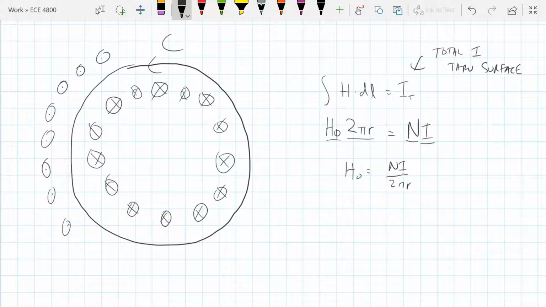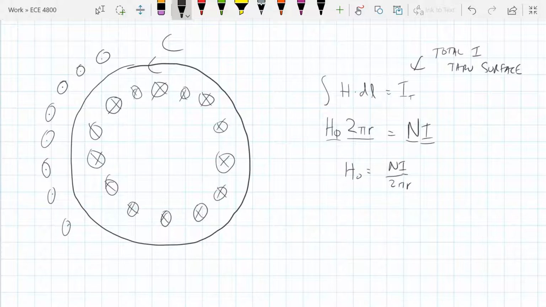Part of that, technically, we're only counting it when it's going into the page, but it's a full 360. But remember, the page is an infinitely thin surface. So the part where the wire intersects that plane is going to be directly into the page.